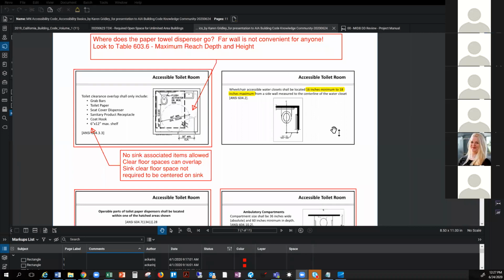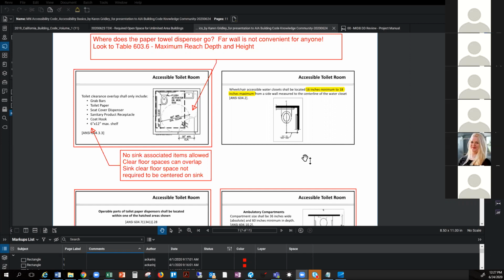And note too that it's not defined to be exactly 18 inches. There is a little bit of wiggle room as far as the center line of your toilets is concerned, which is a good thing when we weren't necessarily planning for finishes. It was a rough opening and it was set up at 18 inches.